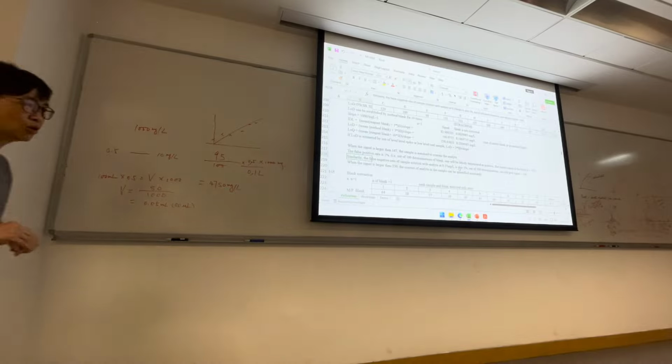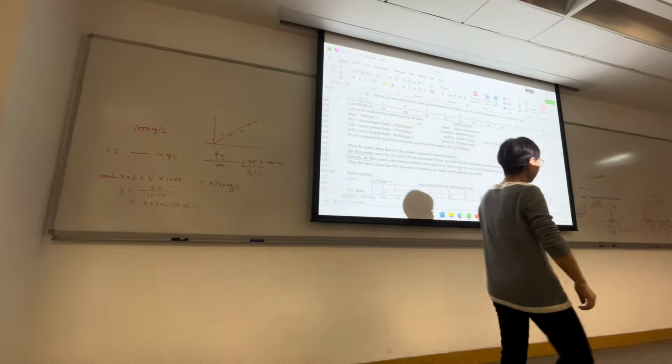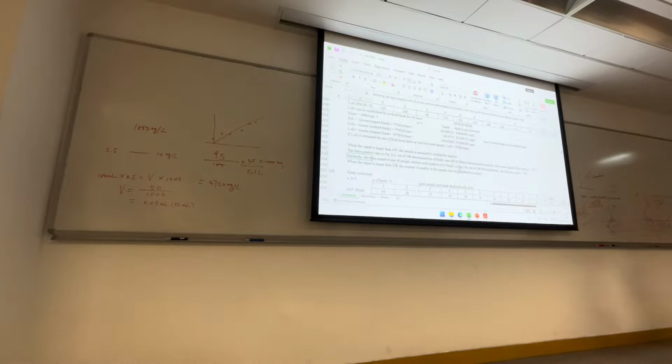That means this is the process blank or matrix blank, okay? So when the signal is larger than the LOD, 147, then you will say that the sample is positive. False positive is 1%, okay?